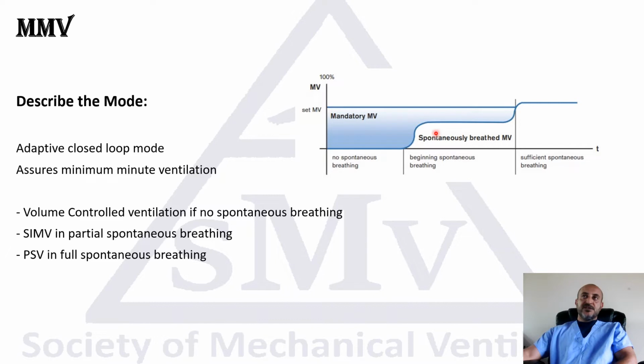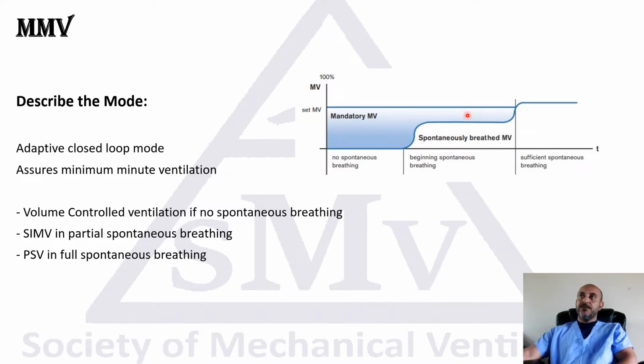If the patient has some spontaneous breathing but is not reaching the minute ventilation set by the clinician, the mode will basically be an SIMV. So some of the breaths here will be pressure support, all triggered by the patient. And if not reaching the minimum minute ventilation, the ventilator will give some controlled breaths to reach that minute ventilation.